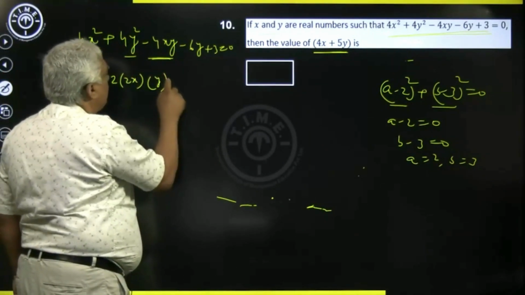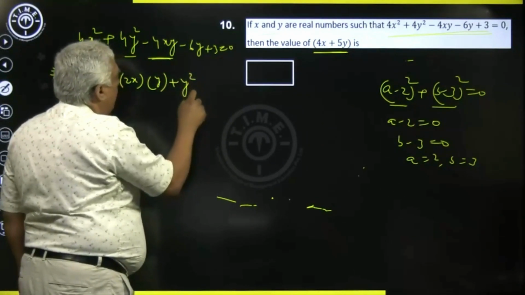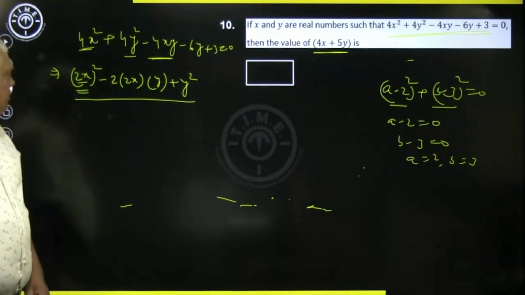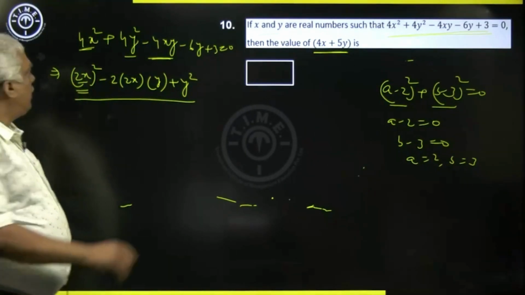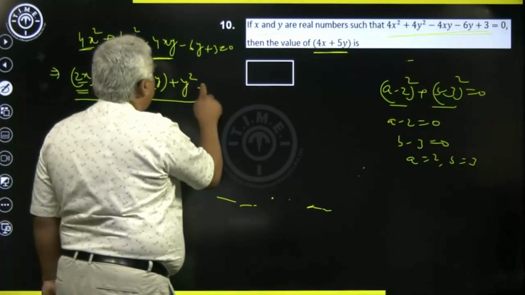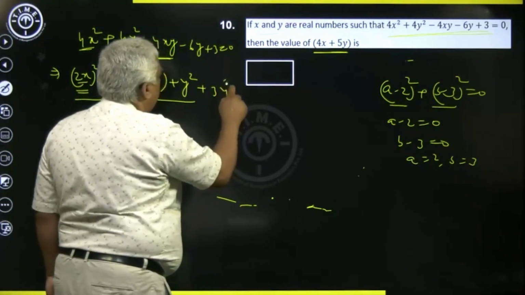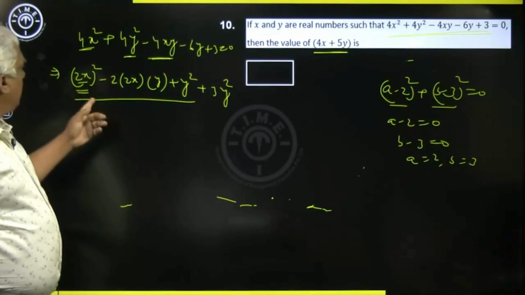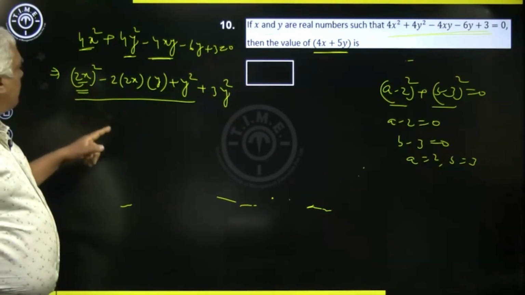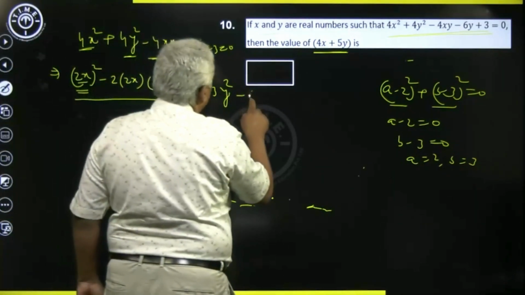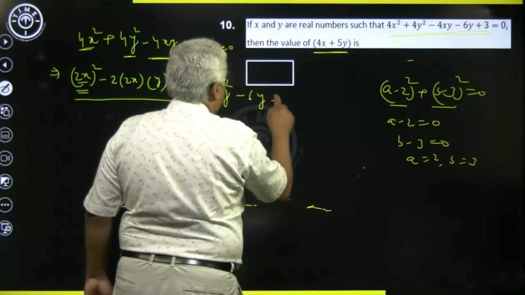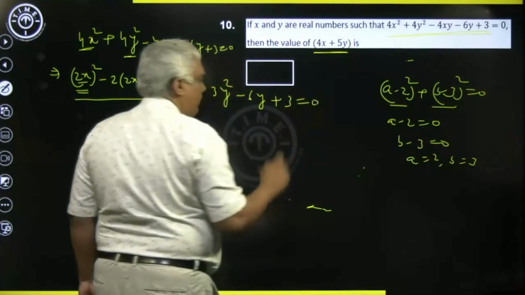I will borrow y² from here, so + y², and it will become a whole square, that is (2x − y)². Now, here there are 4y², so I am left with 3y², 3y² − 6y + 3 = 0.